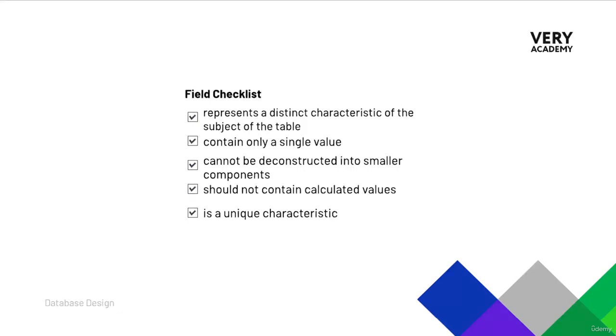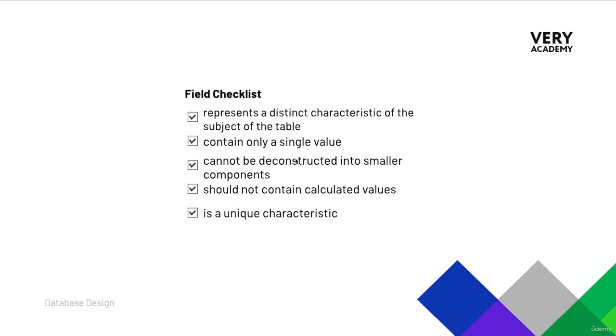So let's just imagine we had a person table. This table would have many different fields, for example, the name, age, address. Now with the name, let's just think about that for a minute. A person's name has multiple components. We have the first name, the middle name, and then the surname. So potentially, if we had a field just called name, then this would be a field that we would need to split up into multiple fields.